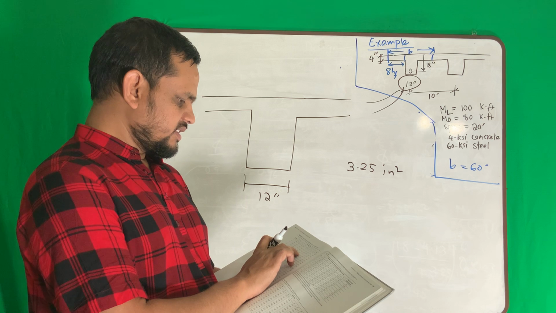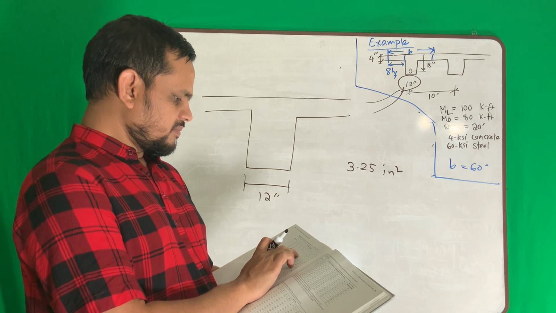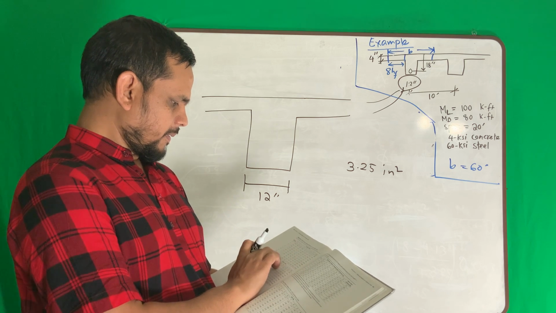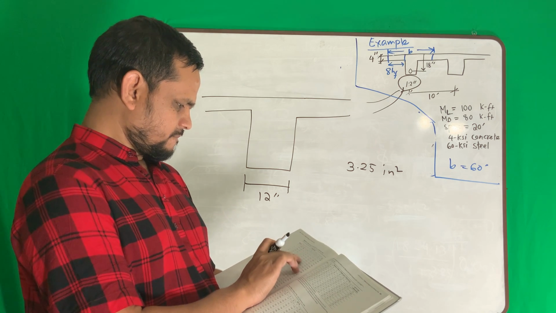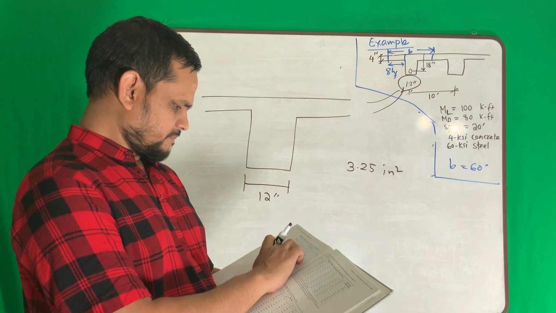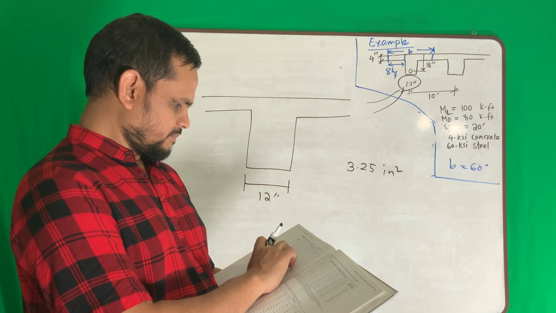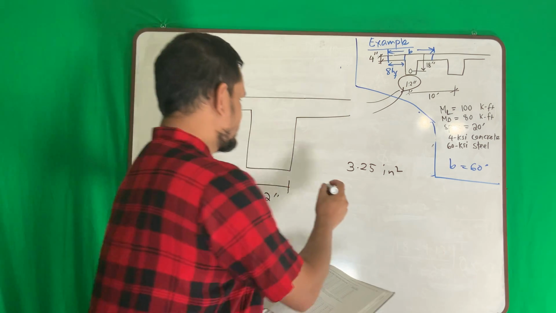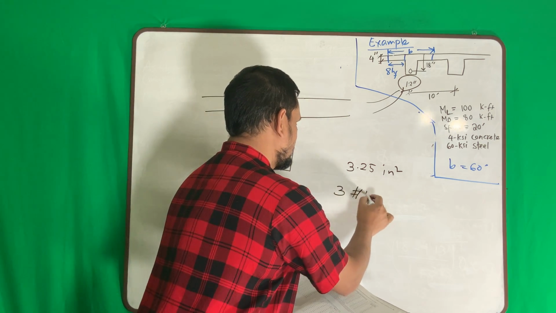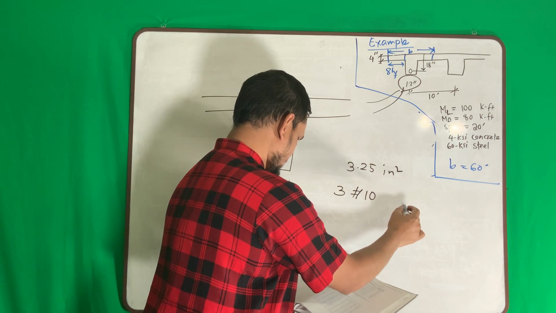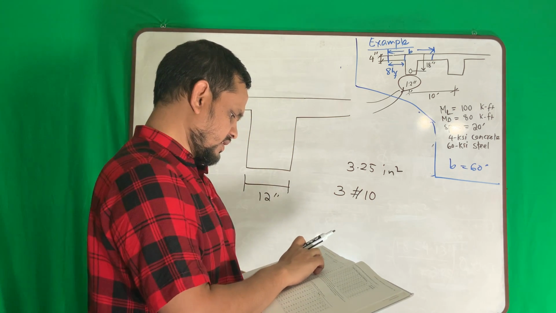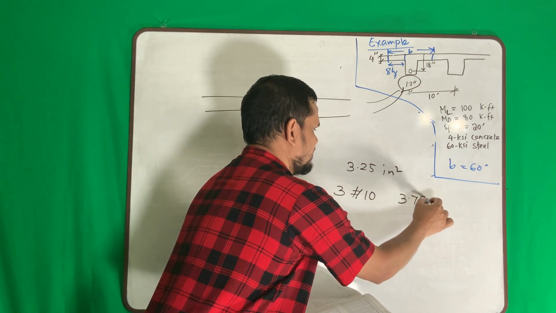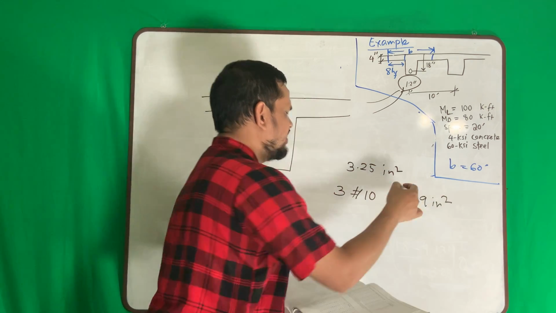6 number 8 is 3.63, but lot of bars. That's not a good size. Yeah, I will choose 3 number 10. So 3 number 10 will be 3.79 inch square. Again, this is over design.